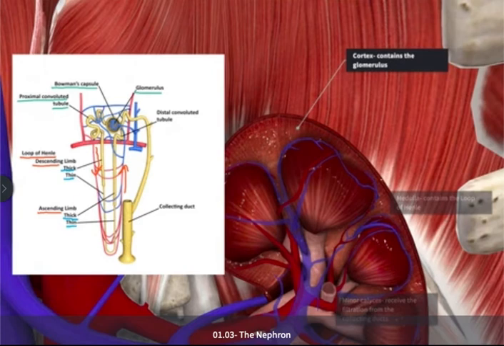Following the loop of Henle, we're then going to have a distal convoluted tubule, which again is going to be the twisted portion back up within the cortical tissue, or sometimes still down within the medullary tissue, depending on how deep that nephron is.